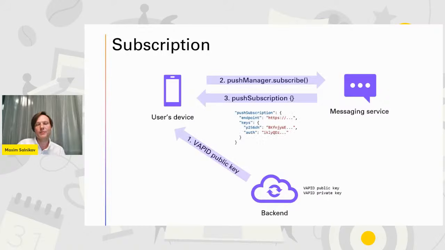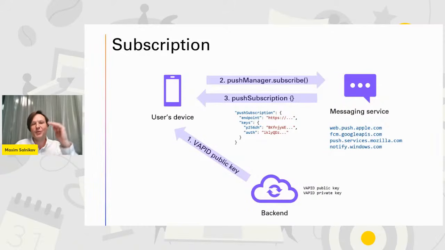What's in this object? First of all, there is an endpoint, some kind of URL that starts with a host name from a list of one of these 4 hosts, and looking at them, you can pretty easily say which browser vendor is supplying which host name in this push subscription object.